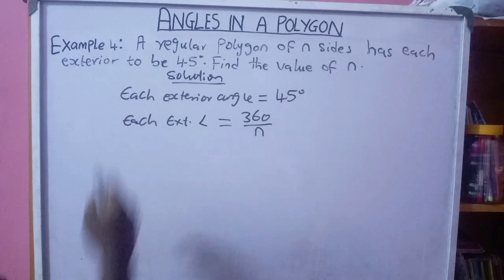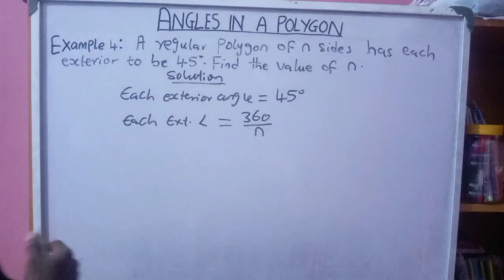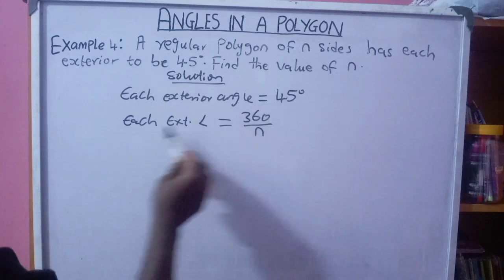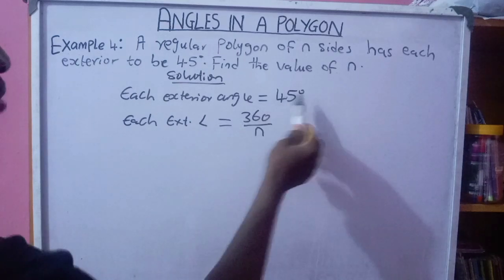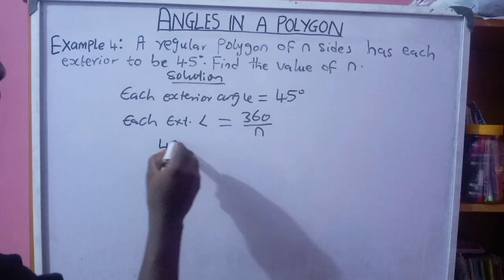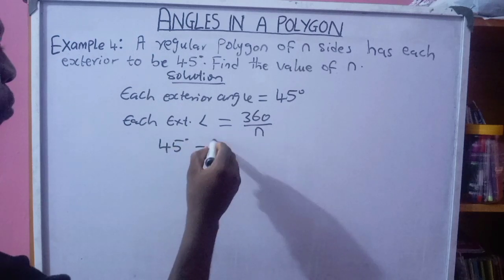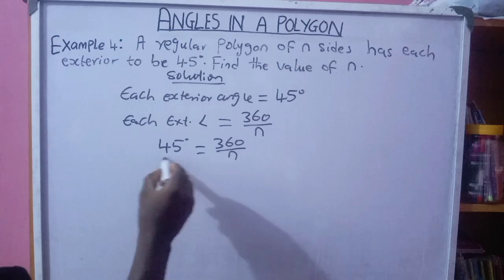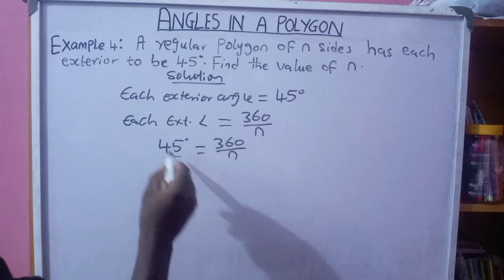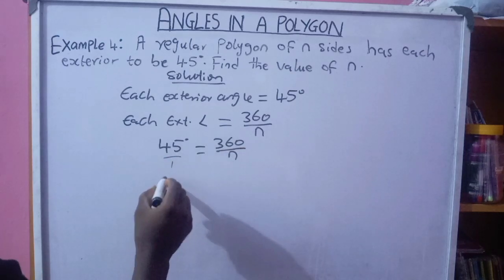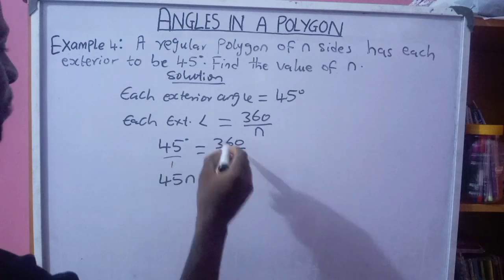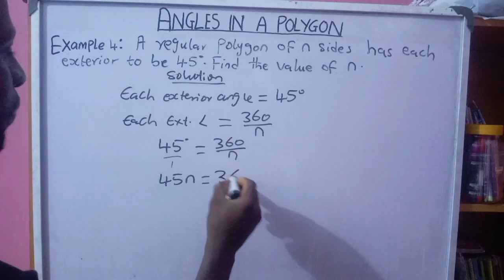If you look at the beginning of the video, you see this formula there. So how do we solve it? We substitute the value of each exterior angle given, which is 45 degrees, equal to 360 all over n. So what we do next is cross multiply: 45 multiplied by n gives us 45n, equal to 1 multiplied by 360 gives us 360.